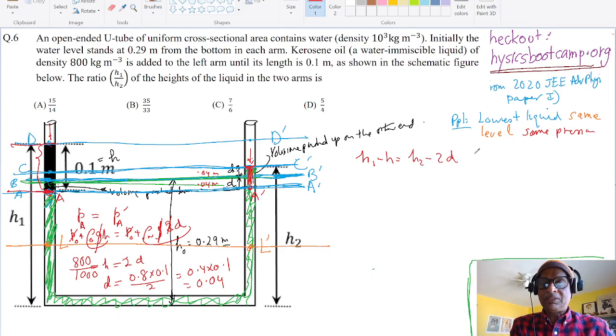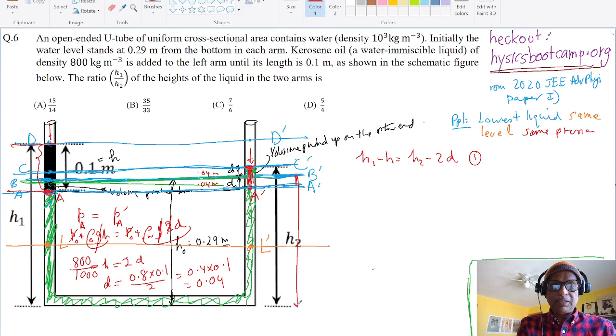So that's one condition between H2 and H1. And the other condition would be how to get to the H0. So H2 minus D is the same as H0.